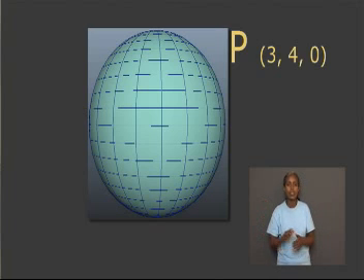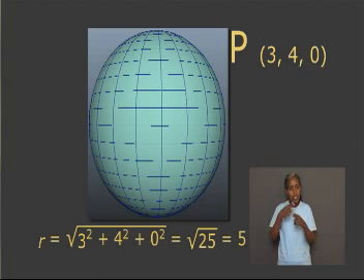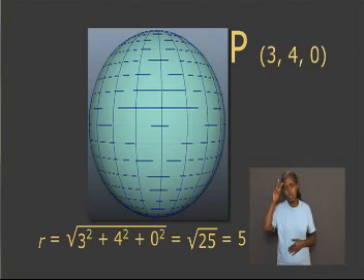The distance of P to the center O is the radius, which we will call R. In that case, R is equal to the square root of the sum of the squares of the 3 coordinates. For this sphere, R is equal to the square root of the sum of 3 squared and 4 squared, which is 5.